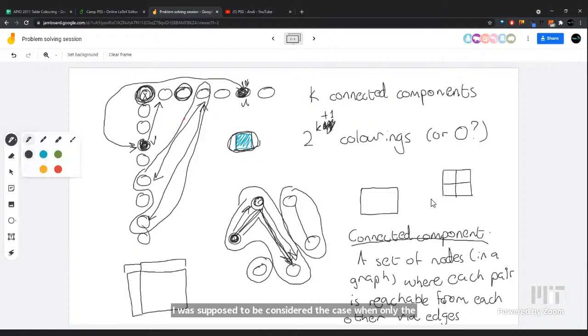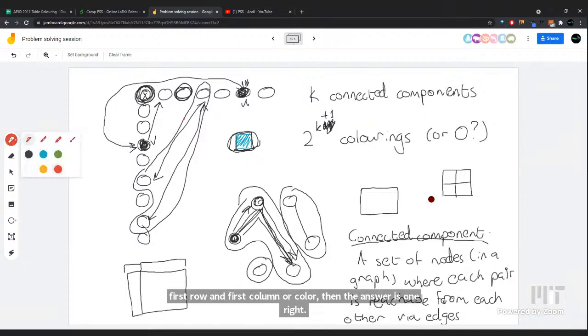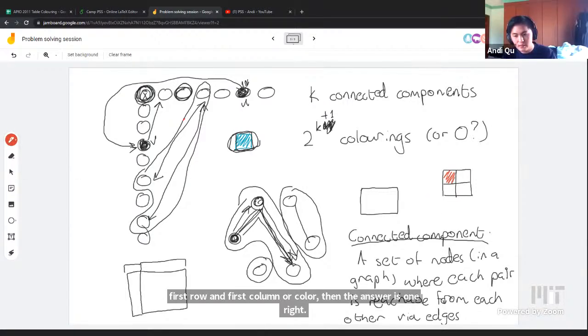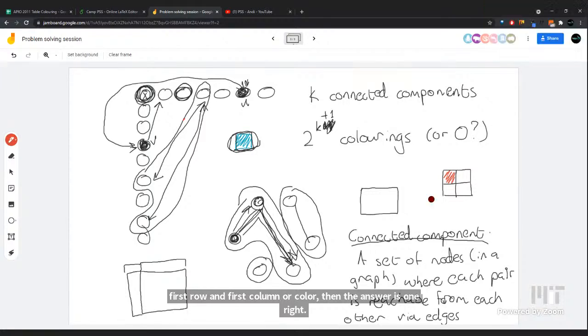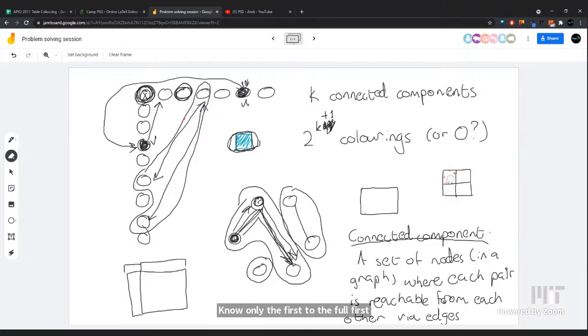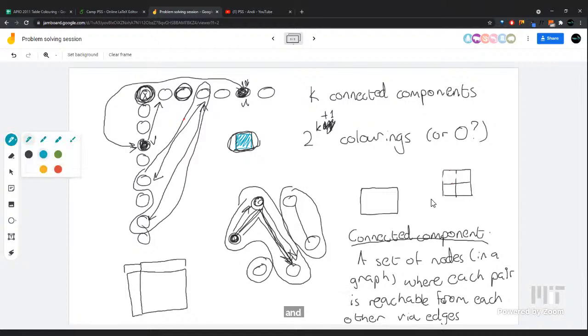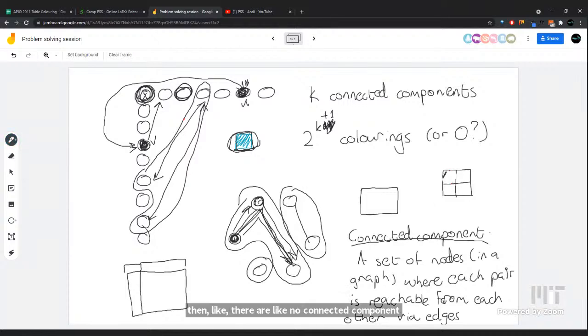Like this? No, only the full first row and the full first column are colored. Yeah, then there are no connected components.